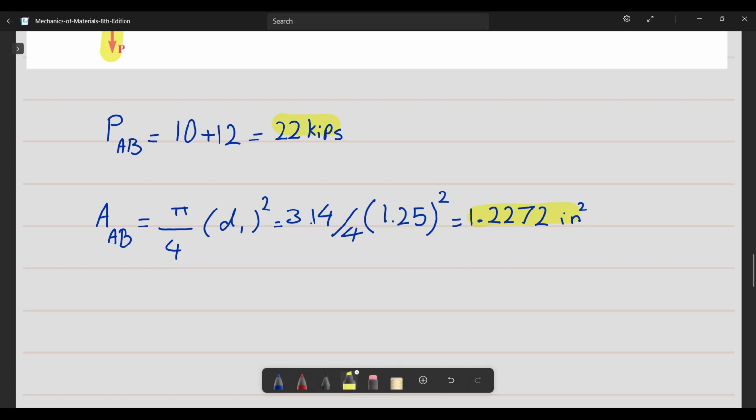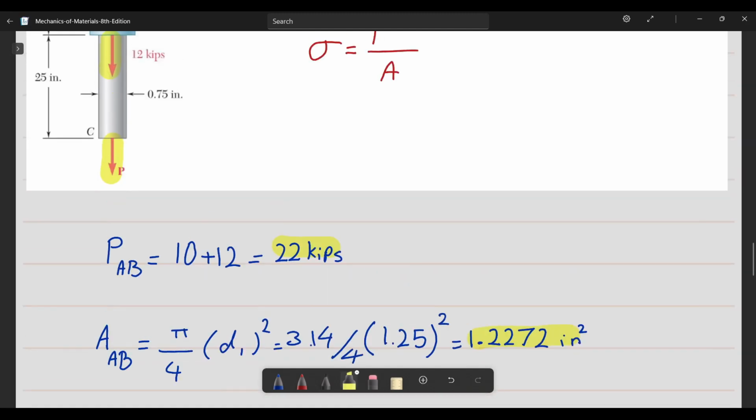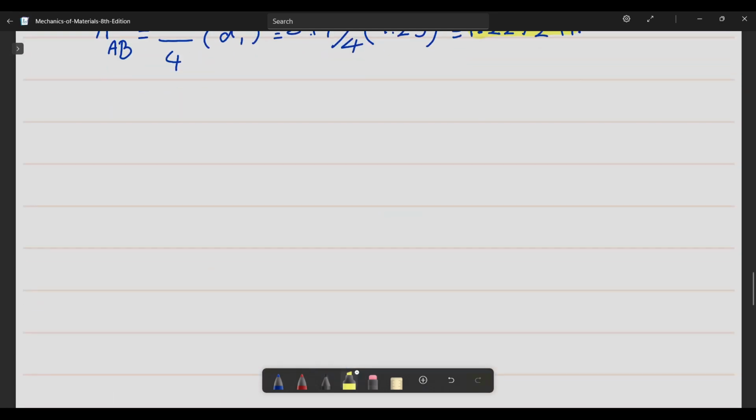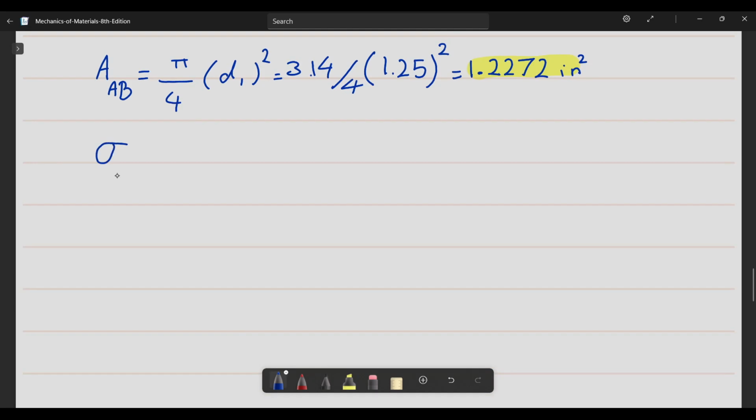We write that stress AB is equal to the load applied to member AB divided by the cross-section area of AB, A_AB.